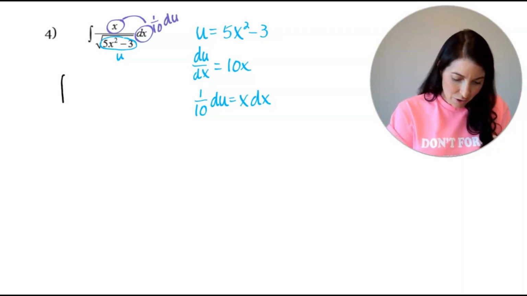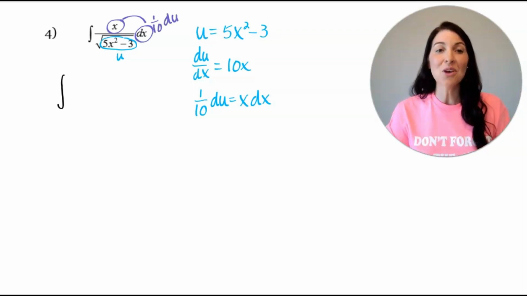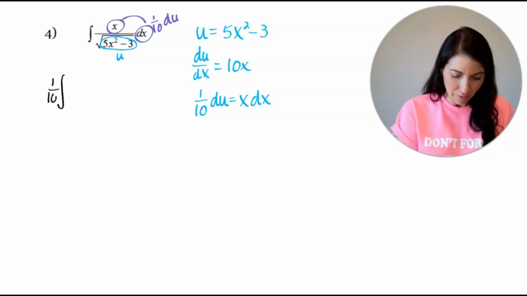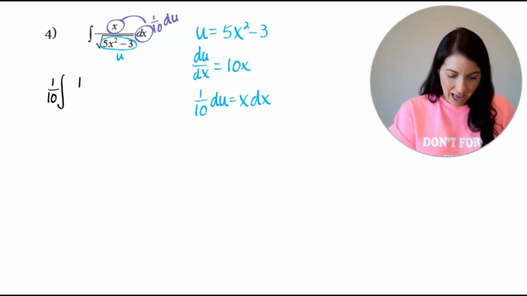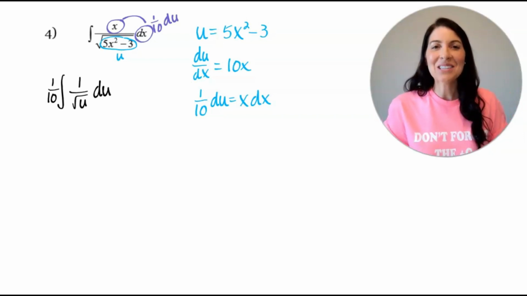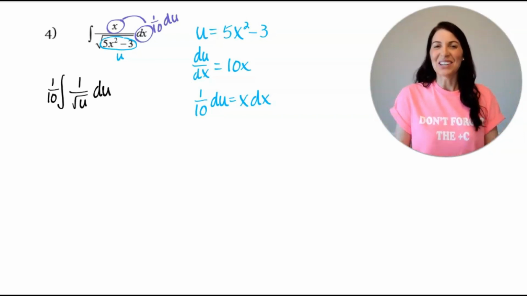And so now my integral only in terms of u would be, well, that 1/10 constant I'm going to bring out in front of the integral, and then I would have 1 divided by the square root of u du. And now it's time to integrate this much simpler integral.